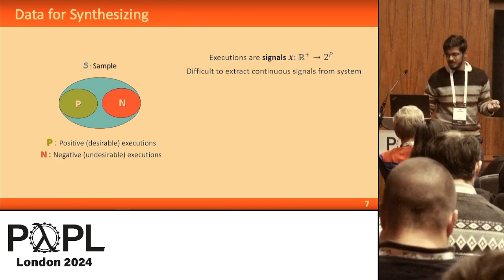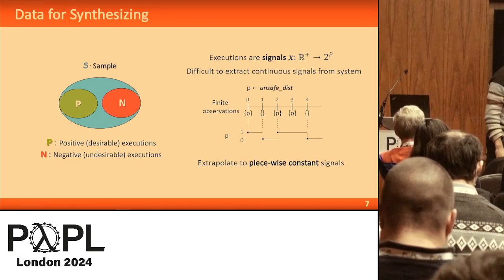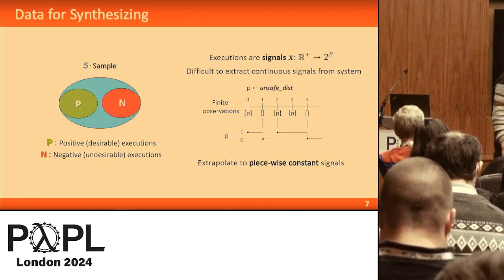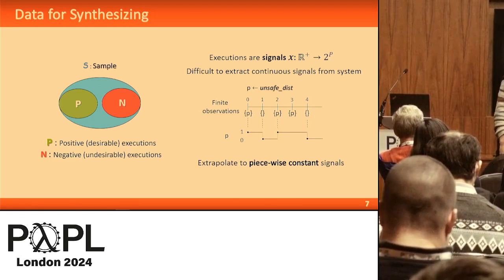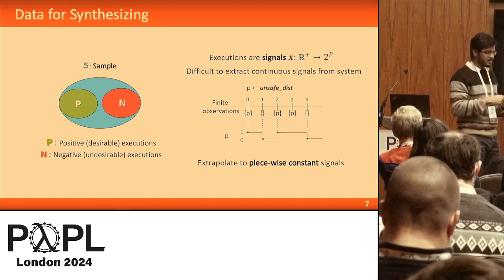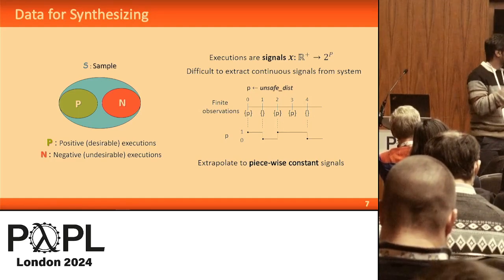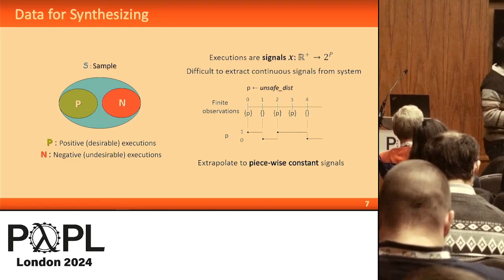So what we do to mitigate this is that we have a finite number of observations, and using these observations, we create a continuous signal by extrapolation. In particular, we create piecewise constant signals, which are signals in which the values change only at a finite number of time points. So let's look at our previous example.